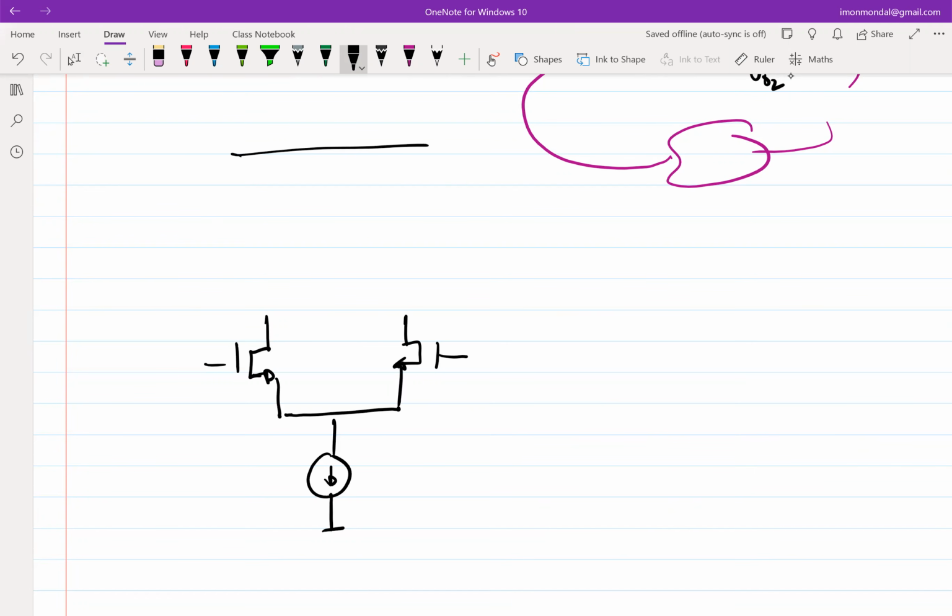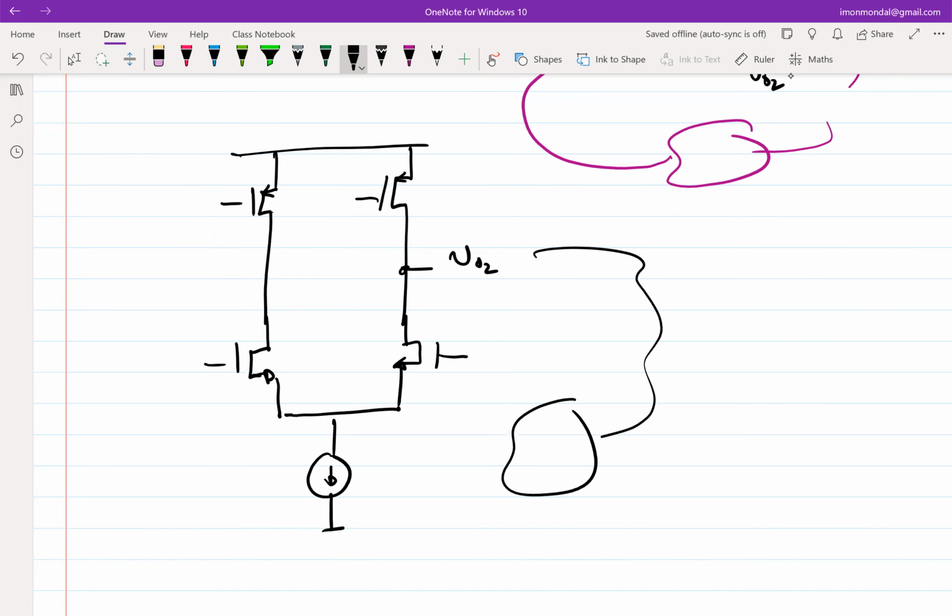So we were comfortable with the idea that in order to get sufficient gain, you cannot have diode connection, right? So this cannot be there. But in order to set the feedback properly, we need some sort of feedback, some sort of diode connection per se. So now what we are saying is that if this is V02, this V02 will probably be set by the overall broader negative feedback.